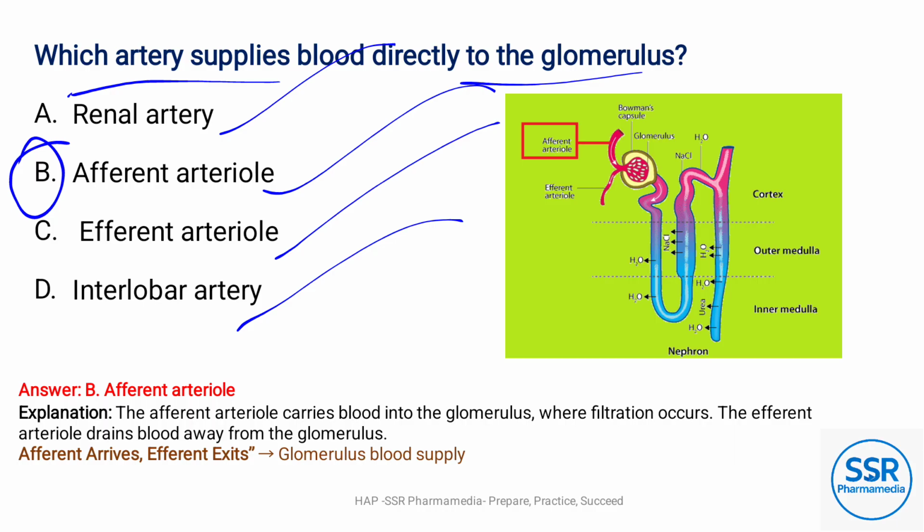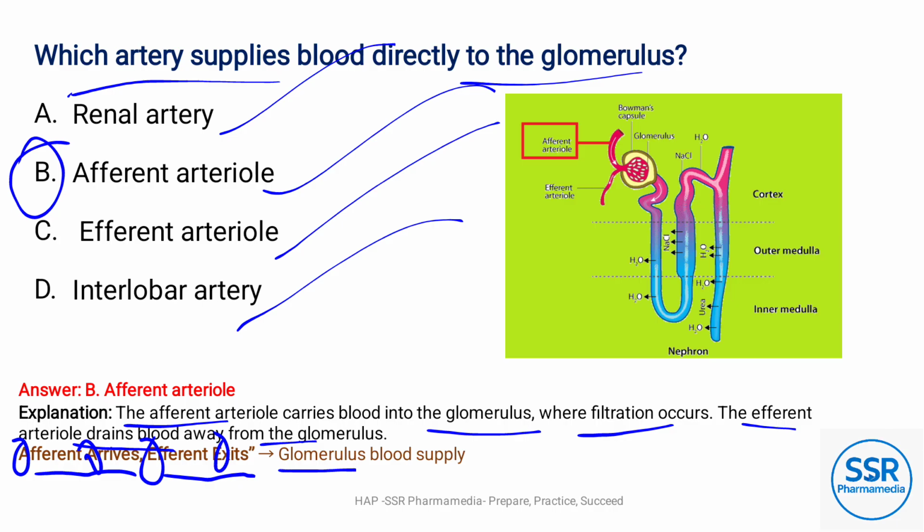The afferent arteriole carries blood to the glomerulus where filtration occurs. The efferent arteriole drains blood away from the glomerulus. So afferent means arrives, efferent means exit: A for arrives and E for exit.